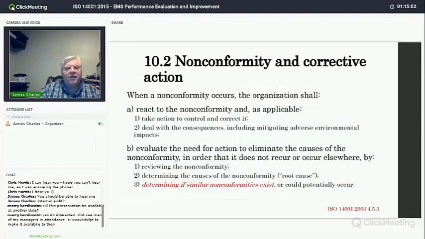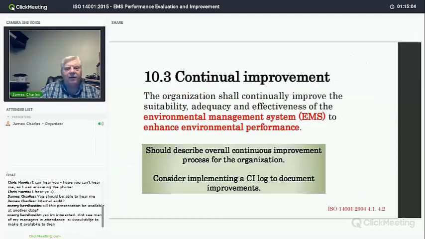Pretty darn general. I'm going to skip over corrective action for a second and go right into 10.3 because these words seem very similar to me. We then have continual improvement, which again, if you remember the definition of performance, that deals with our aspects. So the organization shall improve the effectiveness of their EMS to enhance environmental performance.